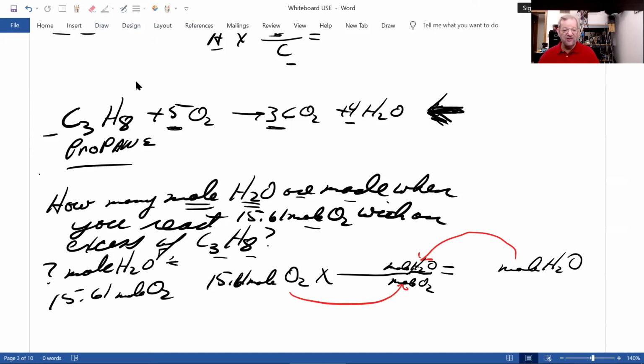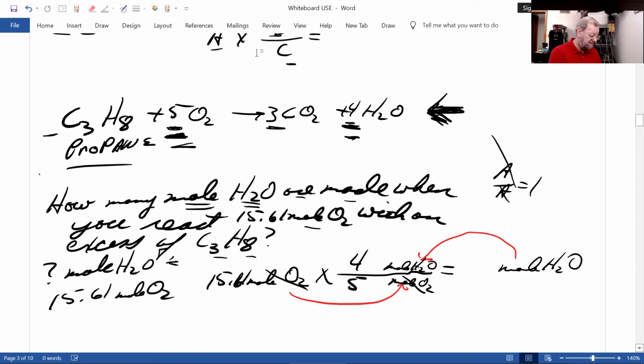Well, I look up here and it says for every 5 moles of oxygen, I make 4 moles of water. For every 5 moles of oxygen, how many moles of water do I make? 4. And now notice moles of oxygen divided by moles of oxygen cancel out, because anything divided by itself equals 1. In other words, it's gone. And therefore, I'm in the right units.